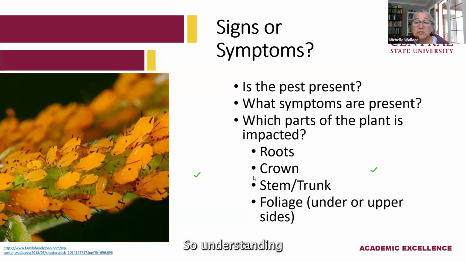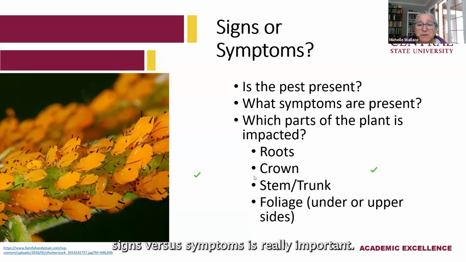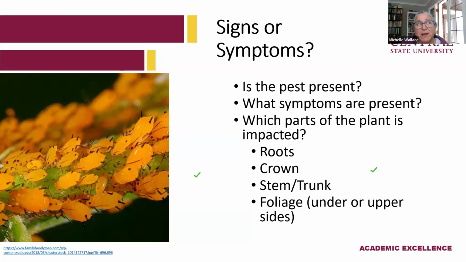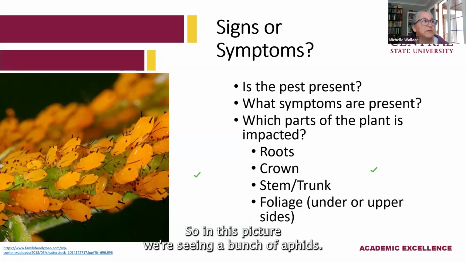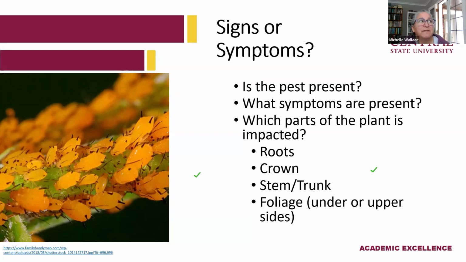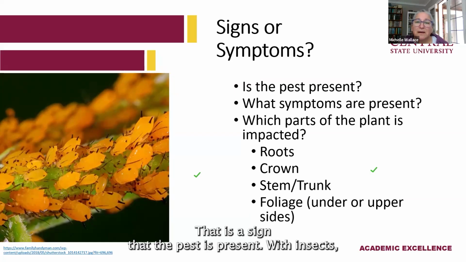So understanding signs versus symptoms is really important. A sign is the actual biological entity present on the plant, on the crop. So in this picture, we're seeing a bunch of aphids. That is a sign that the pest is present.